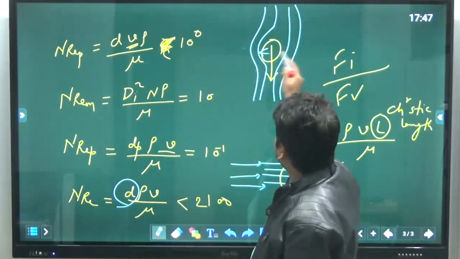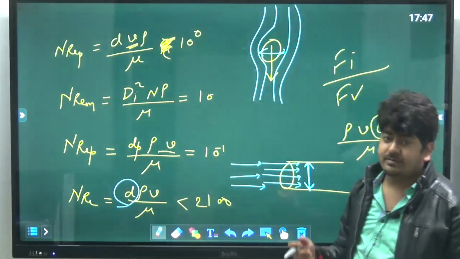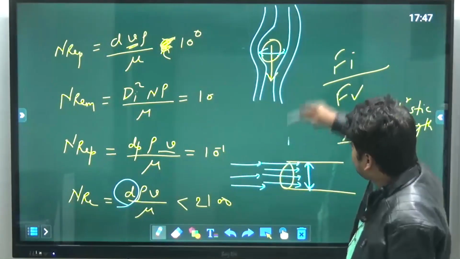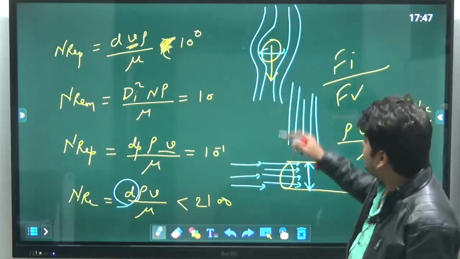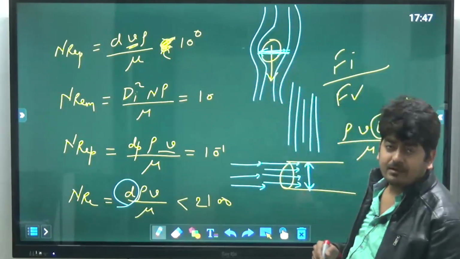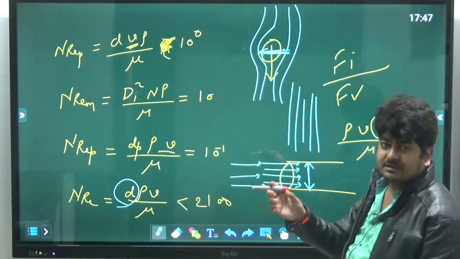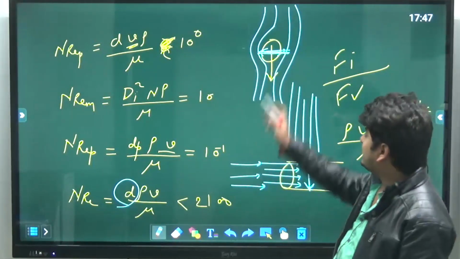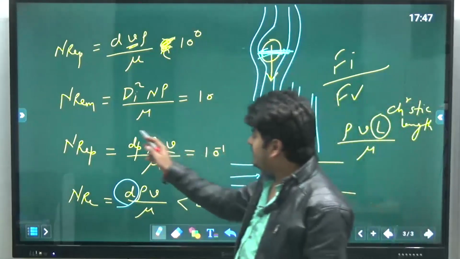You can see this is the disturbance in the streamlines because of the particle. If the particle is not there, streamlines will be like this. But because of the particle, there is a disturbance, and the cause of that disturbance is the diameter of the particle. So L is equal to the diameter of the particle.